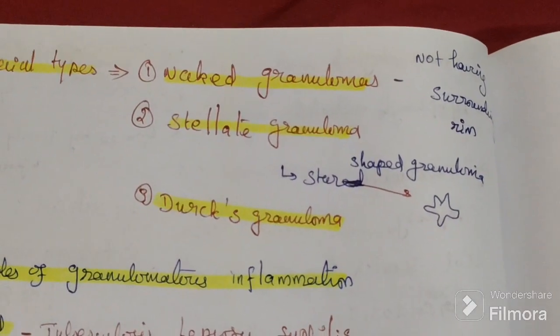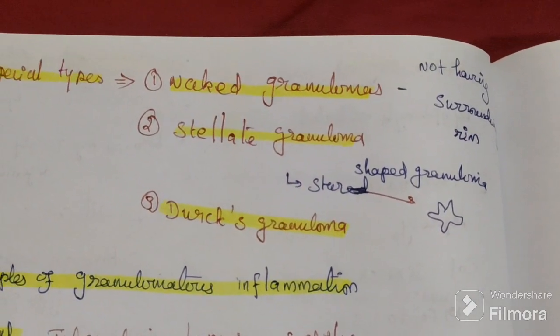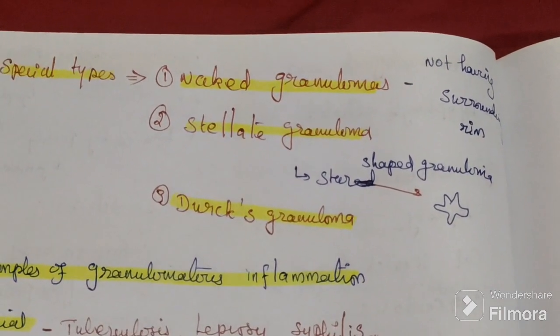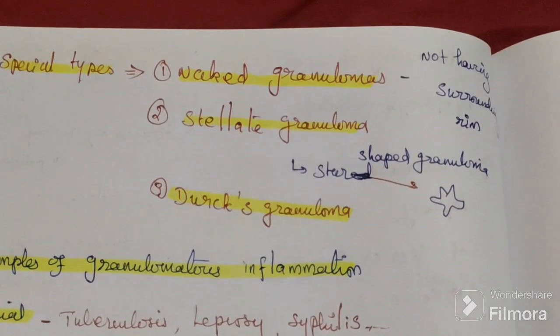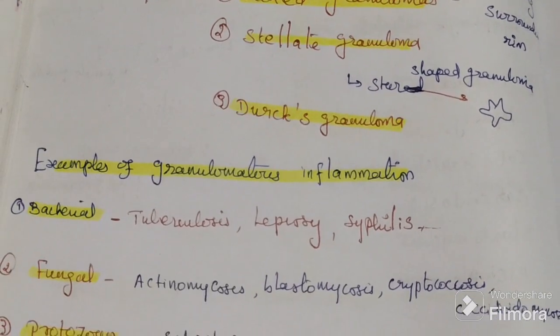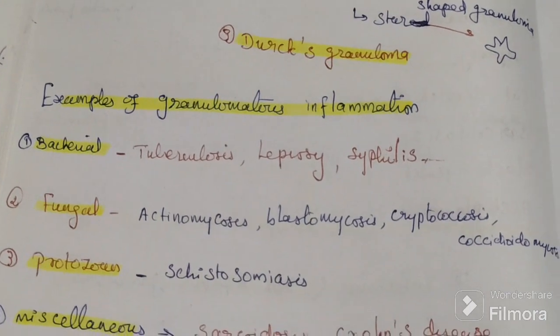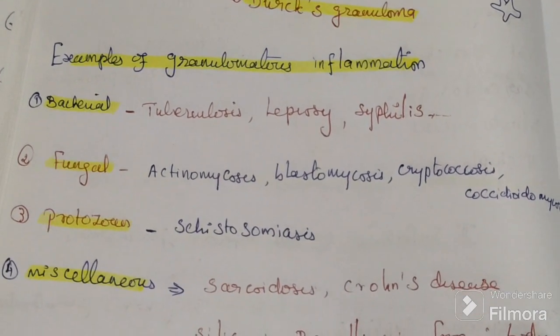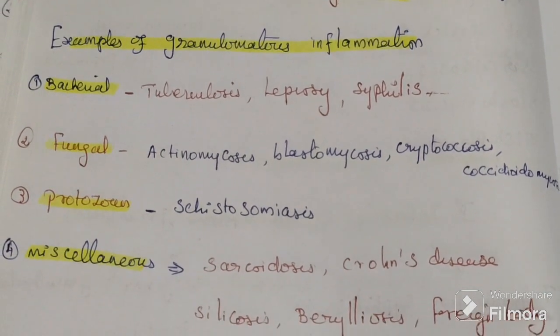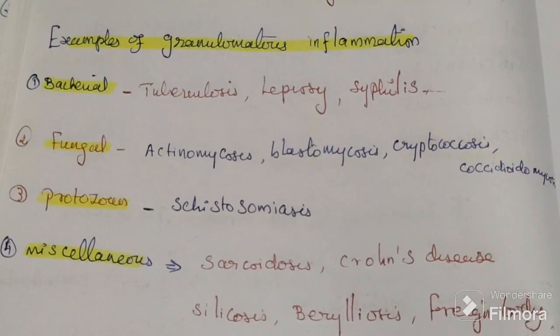Special types we know already: necrotizing granuloma, stellate granuloma, then thorax granuloma. Examples of granulomatous inflammation include bacterial disease, fungal disease, protozoan and some miscellaneous.